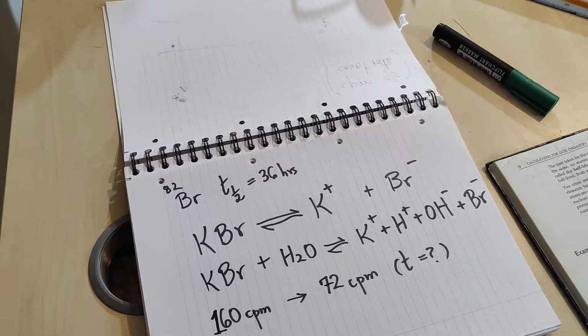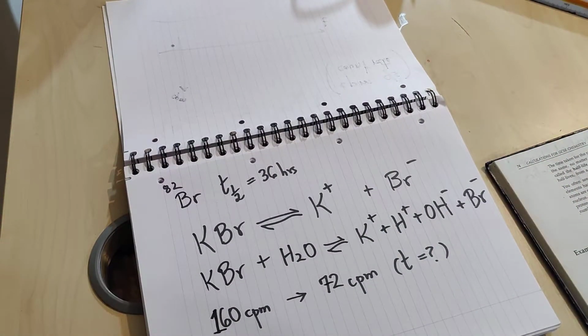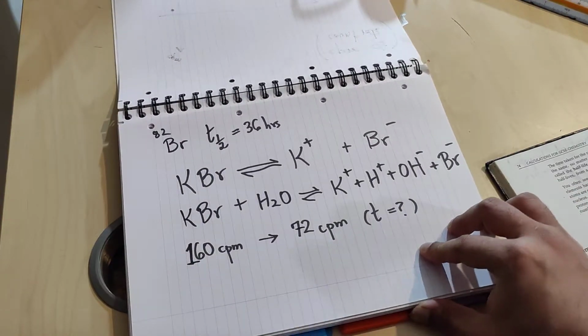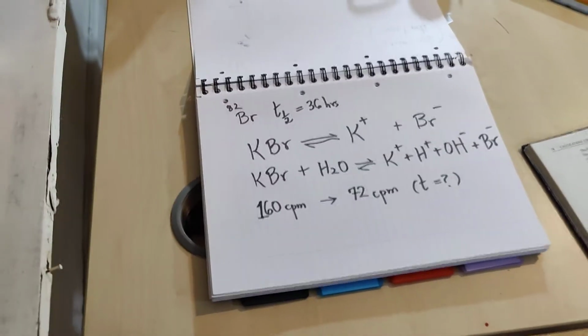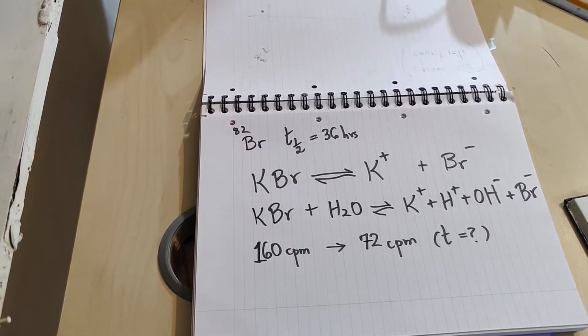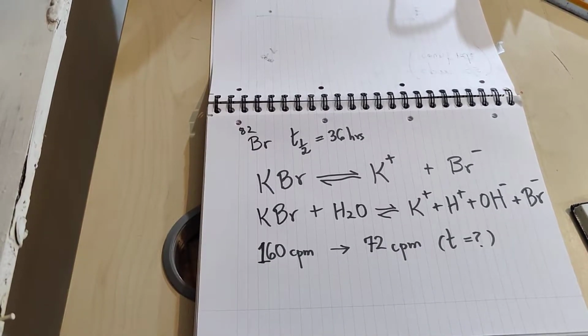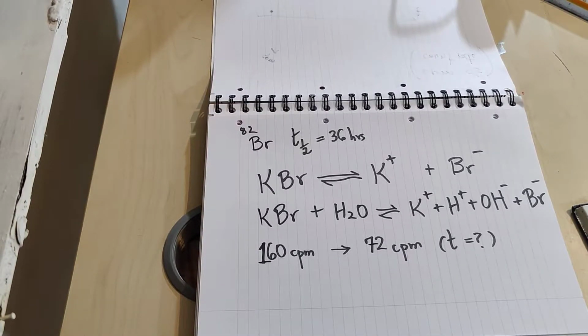So basically what you need to do is to tabulate the data first. Tabulation is extremely important to make sense of how things are, and tabulation would make your life a lot easier. So I've done that for you, and the half-life is 36 hours. The count rate would have fallen to half its value in 36 hours.